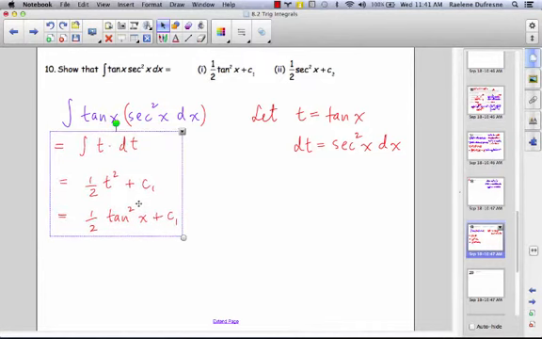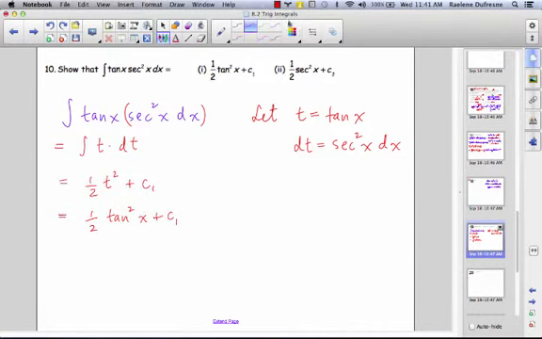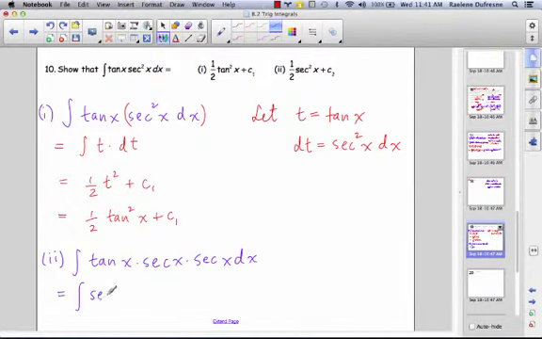We could have recognized, however, that this integral is split up in a different way, namely tangent x times secant x times secant x, which is not inspiring until we rearrange it as secant x times secant x tangent x.